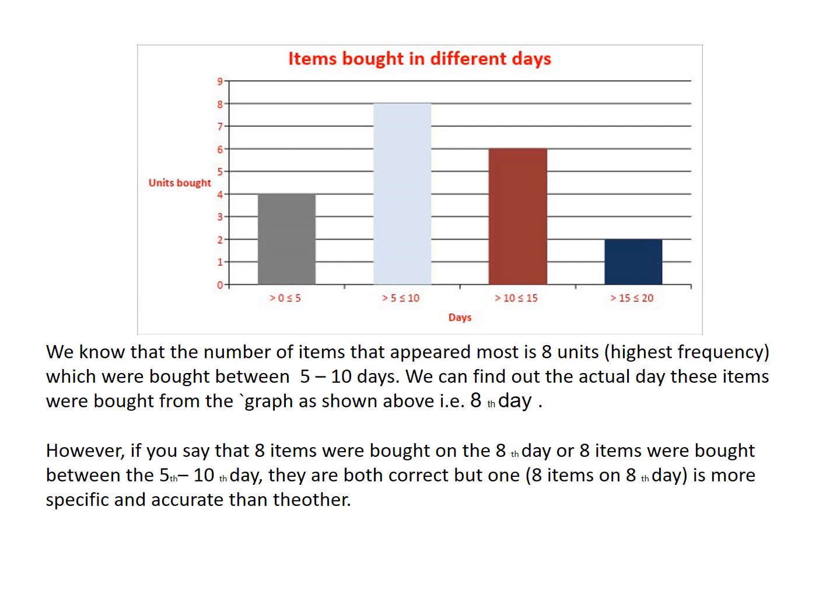We can find out the actual day these items were bought from the graph as shown above. However, if you say that 8 items were bought on the 8th day, or 8 items were bought between the 5th and the 10th day, then they are both correct. But 8 items on the 8th day is more specific and accurate than the latter. Okay, so we need to be very specific.